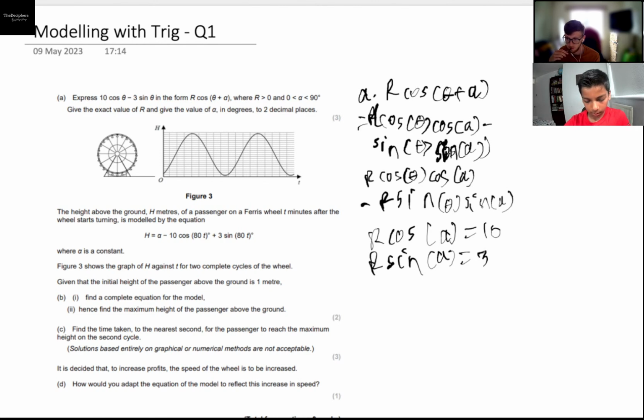For this, we can just divide r sine alpha is 3 by r cos alpha is 10.